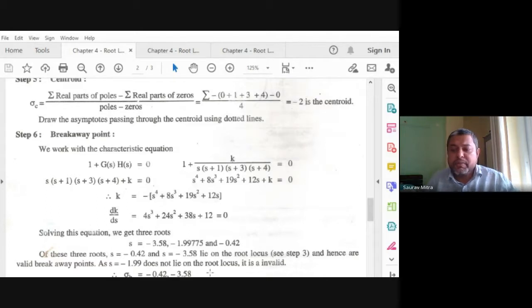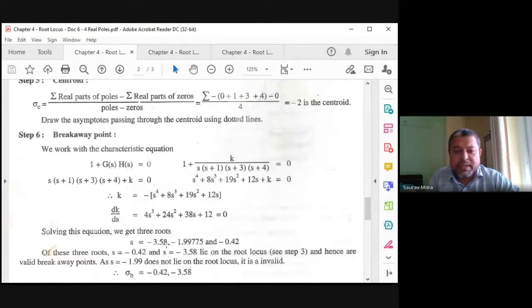Between 0 and minus 1 real axis root locus exists, hence minus 0.42 is accepted. Between minus 3 and minus 4 real axis root locus exists, hence minus 3.58 is a valid breakaway point. But s equal to minus 1.99 does not lie on the real axis root locus. Hence, it is invalid as a breakaway point.